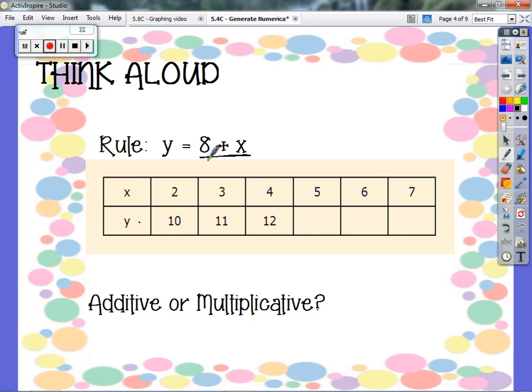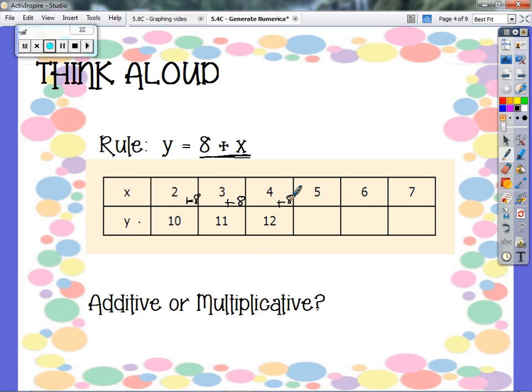In this situation, y is a result of x plus 8. So what we can do here, our x here is 2, so we're going to go, okay, 2 plus 8. Does that give me 10? That works here. 3 plus 8. That gives me 11. 4 plus 8.